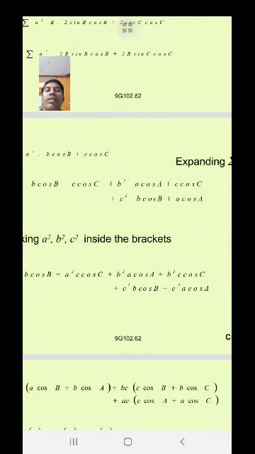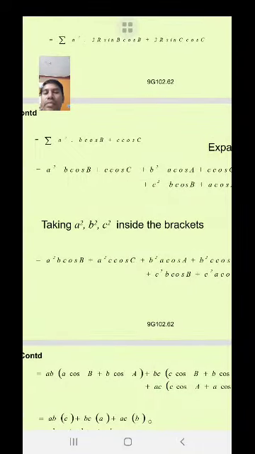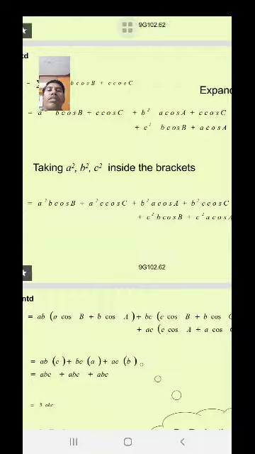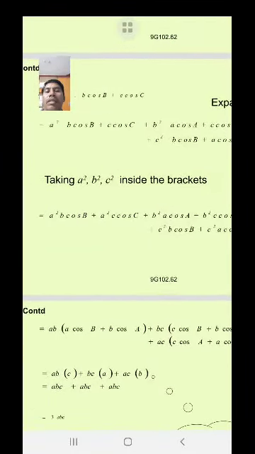So here sigma is expanded, so we should not write sigma again, because from the short form we wrote the full form. So sigma is removed in this step, and we multiply a square, b square, c square with the terms inside the brackets.